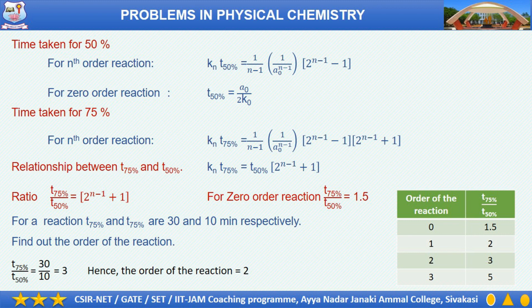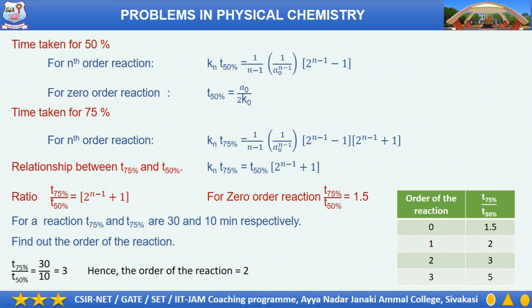We have used the equation for two problems: T 75% is given, T 50% is given, and then you are asked to calculate the order of the reaction. For this a ready reckoner is there. What is that ready reckoner? If the 75% and 50% times are given, find out the ratio.